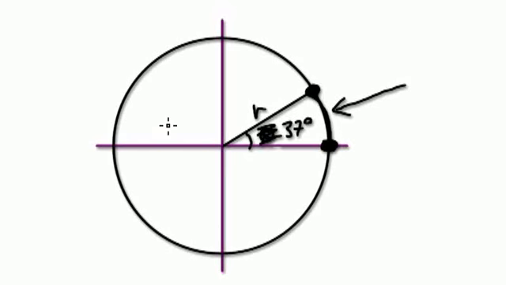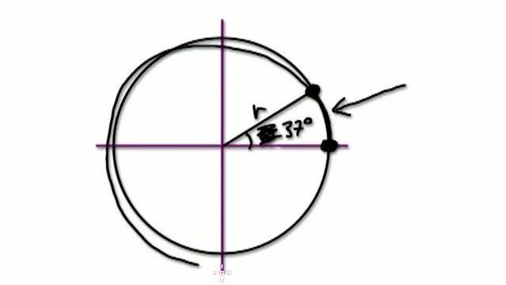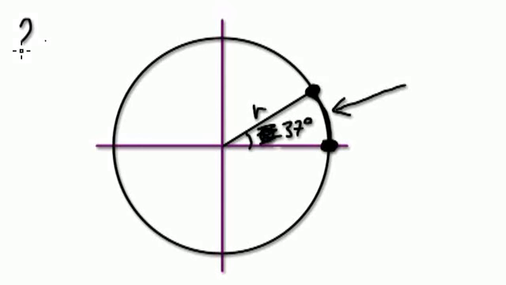Now normally, when you work in degrees, you would do this. You would work out the whole distance here, which is the circumference of the circle. So you would do 2 pi r, remember the distance from the center of the Earth to the satellite is r. We're just pretending.